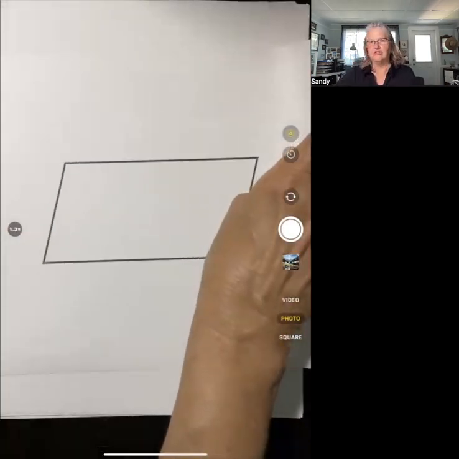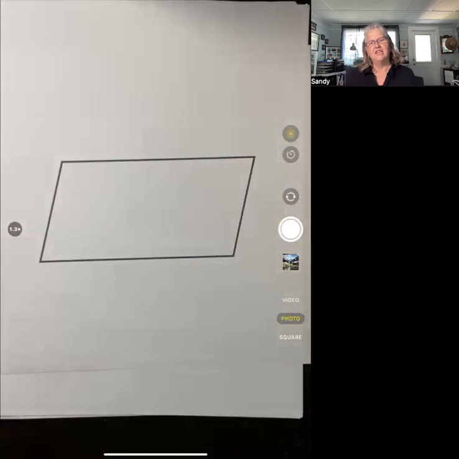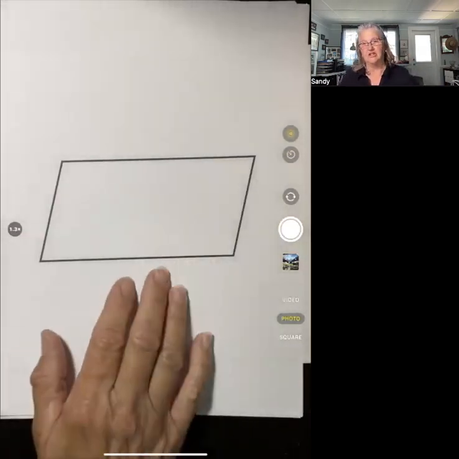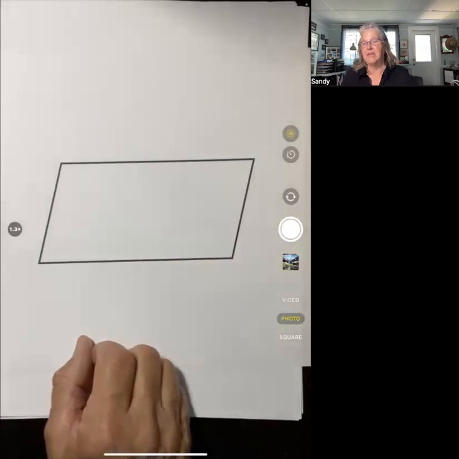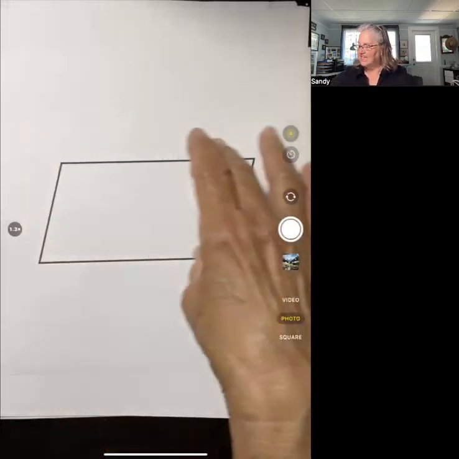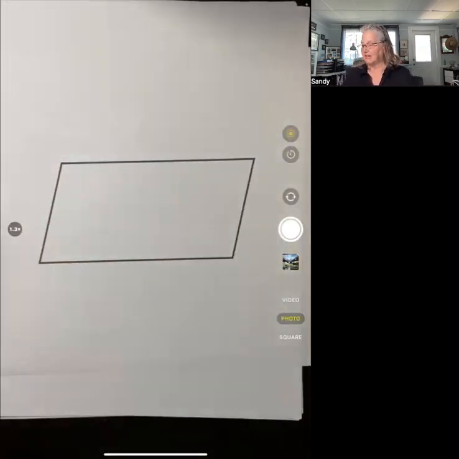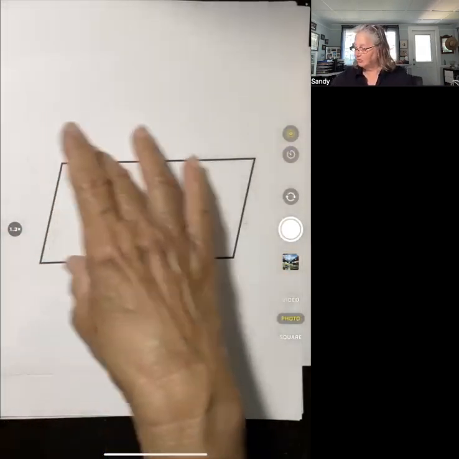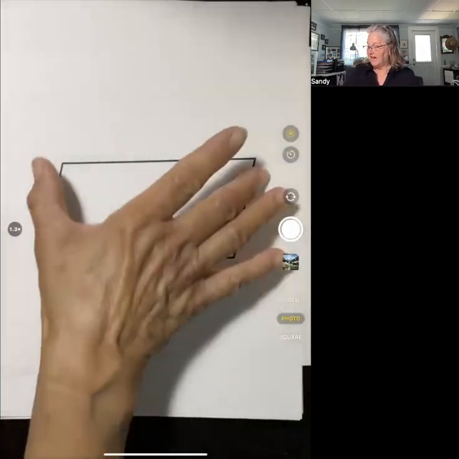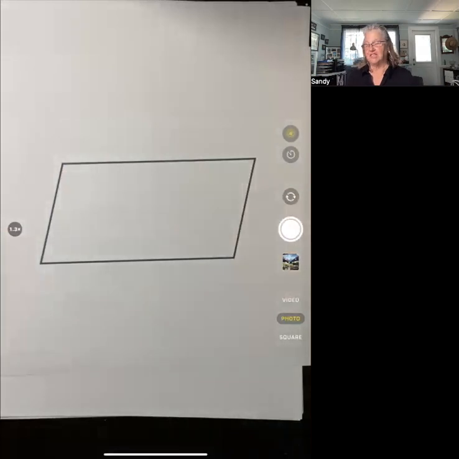Now, once your children get comfortable with this, as they progress up, they start to look at the characteristics of the 2-dimensional shapes. Here's a parallelogram. I can start to look at the line segments, the sides of the parallelogram being parallel, being congruent, the same length. Opposite sides are congruent.